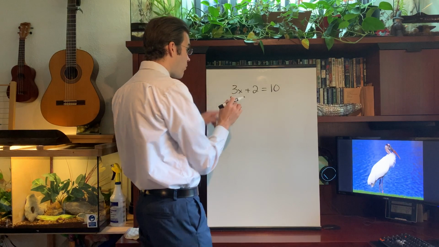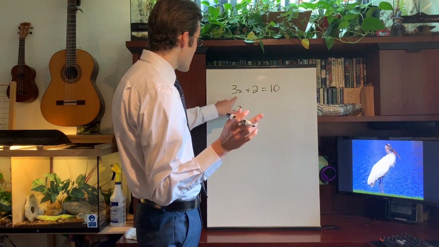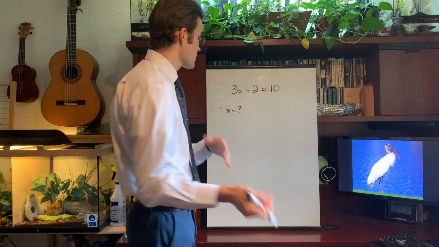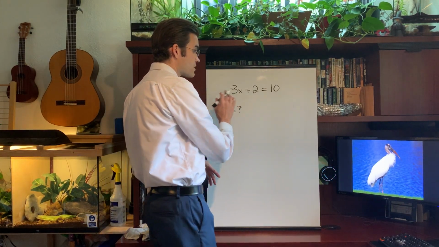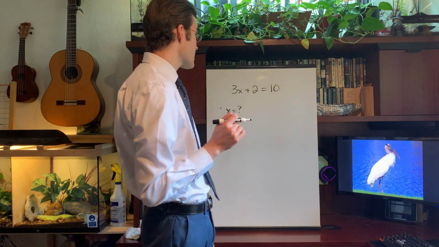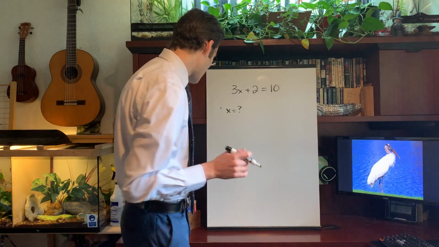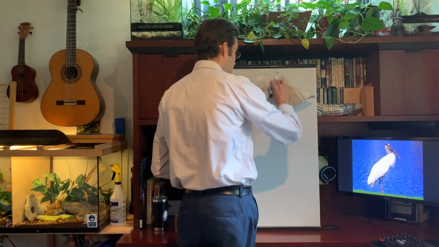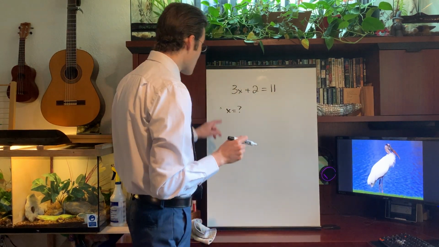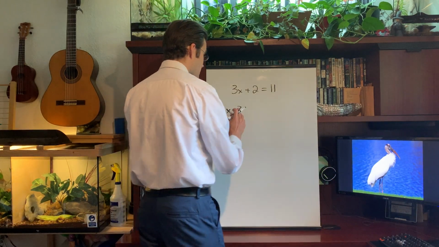If I try 1, 3 times 1 plus 2 is 5. That doesn't work. What about 3 times 2? 3 times 2 is 6 plus 2? No. Ooh, boy, this is a hard one. Here, I'm going to do this. Some of them might end up being decimals, but if I make it 11, it's a little bit better. 3 times 3 plus 2 equals 11. So x equals 3.